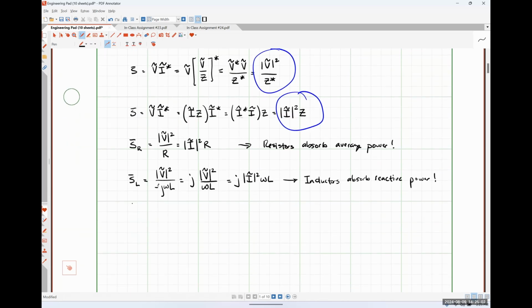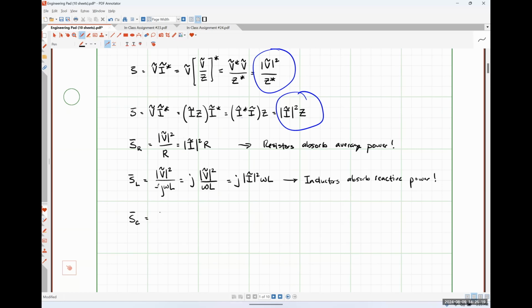Lastly, we'll look at capacitors. Okay. So what's the impedance of a capacitor? 1 over J omega C. Thank you guys so much.